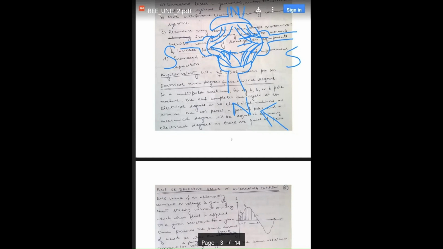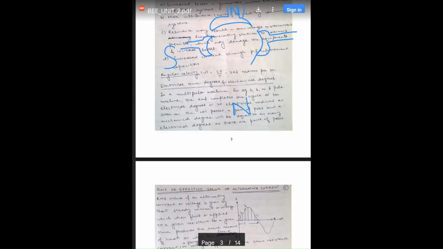There are no losses, and when there is an armature or rotor in the center and it is rotating, it will cut these flux lines, and by d phi by dt, EMF will be produced.